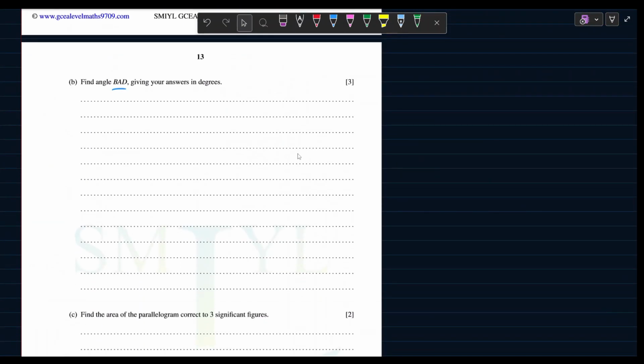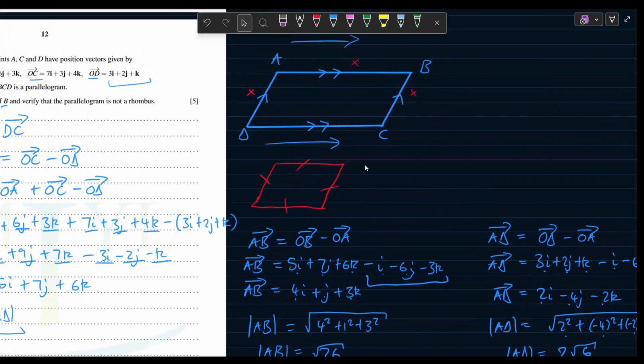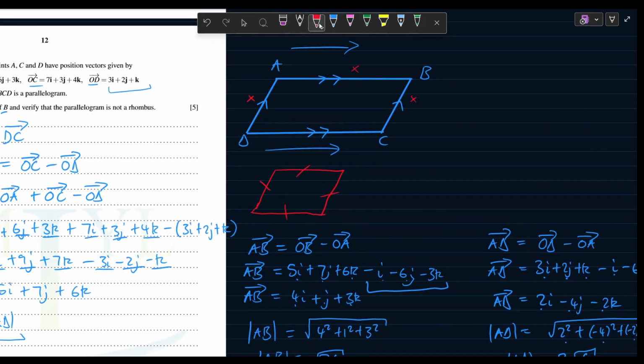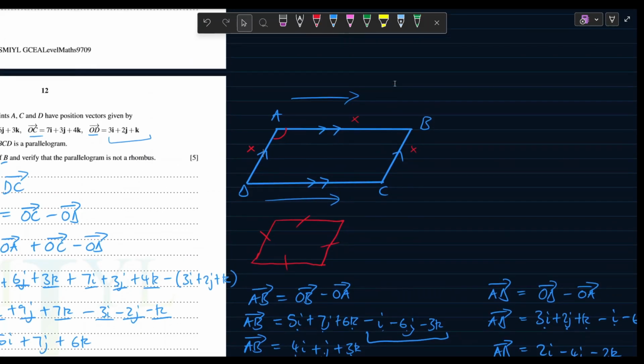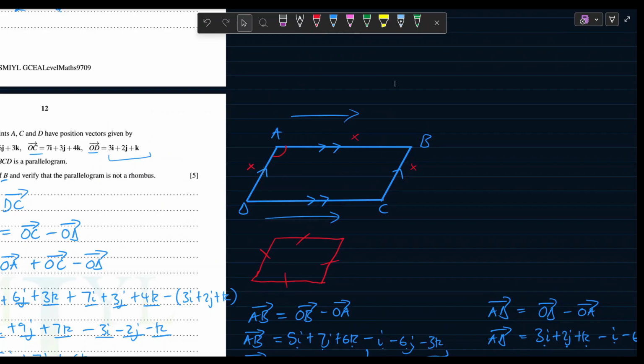Now, part B says, find the angle BAD giving your answers in degrees. Coming back to our diagram here, the angle that we want is going to be this angle over here. That's angle BAD. And remember, if we want to find the angle between two vectors, you have to pick two vectors that are either going towards that angle or away from that angle. They can't be going in different directions.